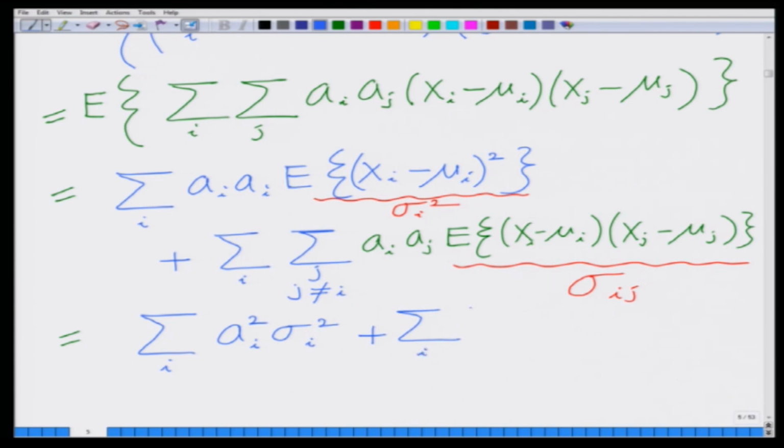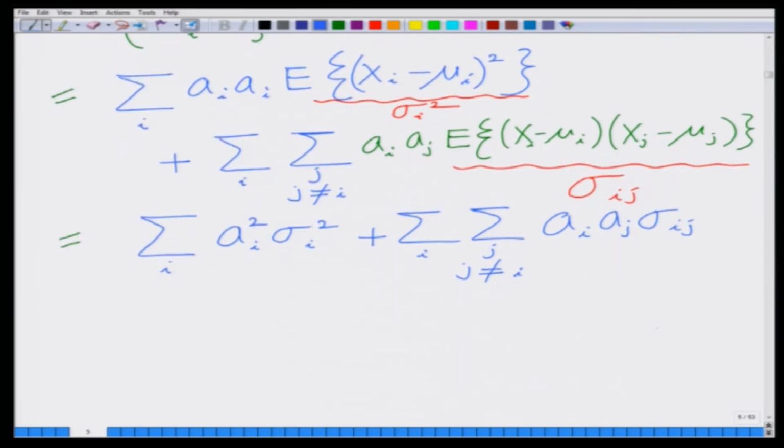summation over i, summation over j, j not equal to i, a_i a_j sigma_ij, and therefore, this is basically the quantity sigma square.